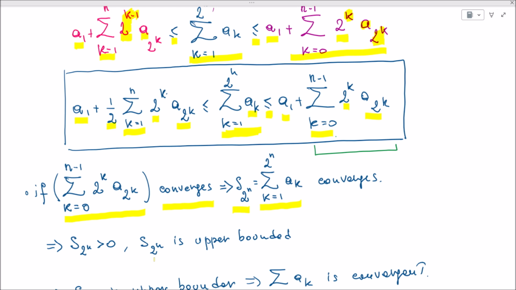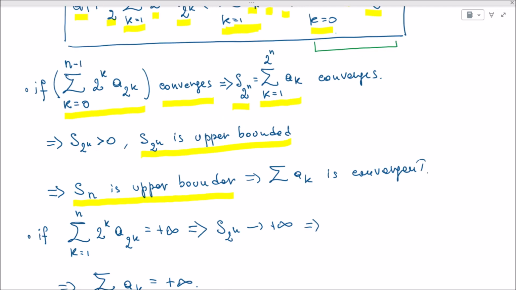And if s_{2^n} is upper bounded, certainly we also know that s_n is upper bounded, which proves finally that the sum of ak, which remember can only have two possibilities, diverging to plus infinity or converging, can only converge, otherwise the partial sums would be unbounded. So this is the way we proved this.